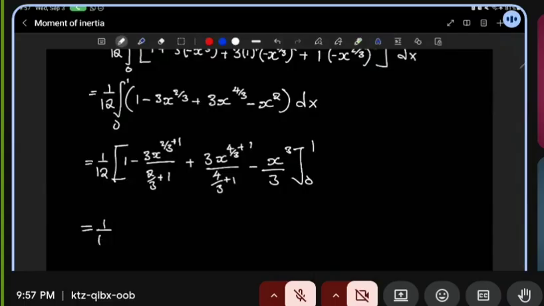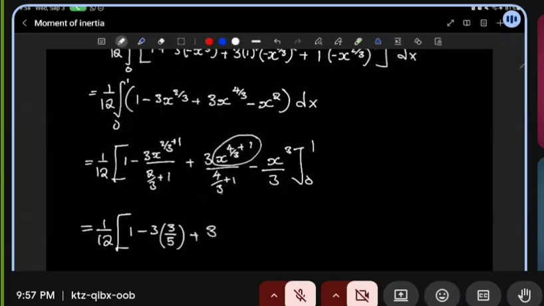So this is now 1 over 12. The top part will be 1 when I put 1 there. So all I'm worried about is what comes from here. This will be 3 there, so 5 over 3. 5 over 3 becomes 3 over 5. Plus, here, this will also be 1.